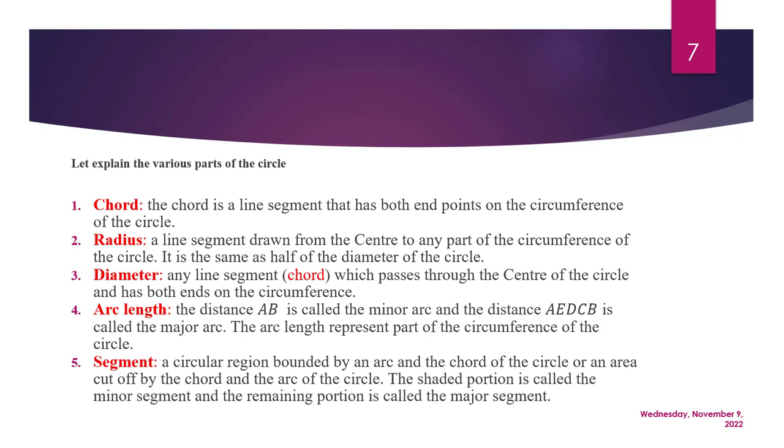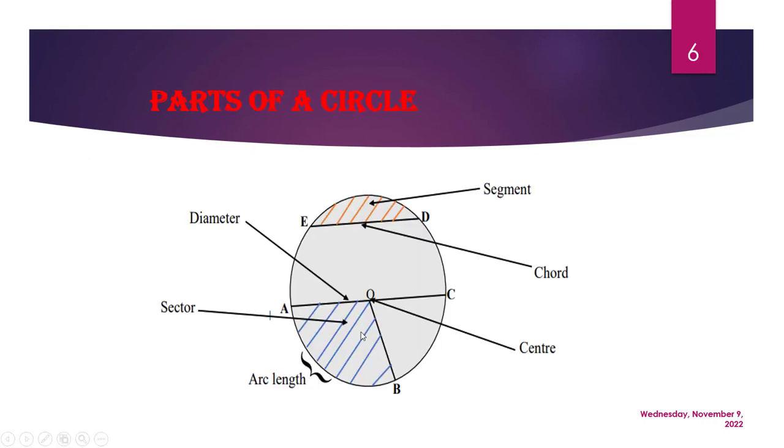From the diagram, the shaded portion is called the minor segment, and the remaining portion is called the major segment. So this region is the minor segment, and the rest of the region is called the major segment. And here is the sector.